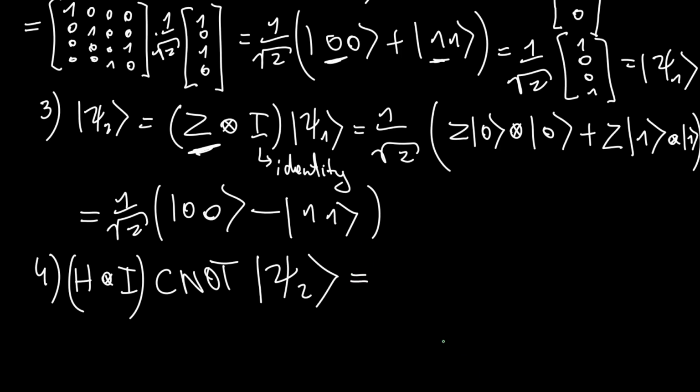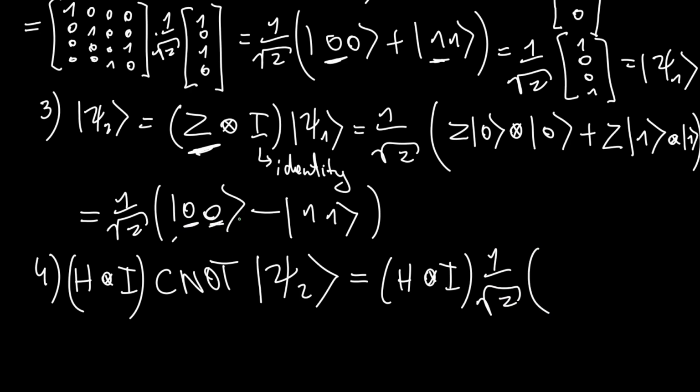So again, CNOT to this state, it's gonna be 1 over square root of 2, and then let's see, 0, so it doesn't change. 1, so we change this to 0, so it's gonna be 0 0 1 0.